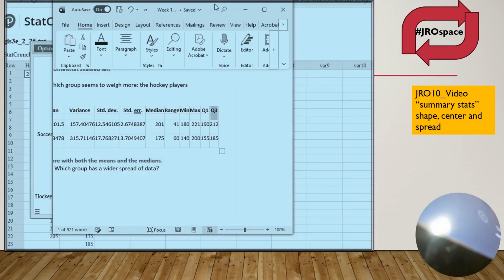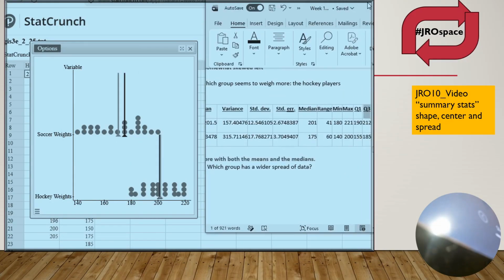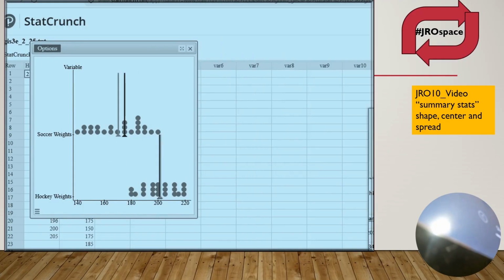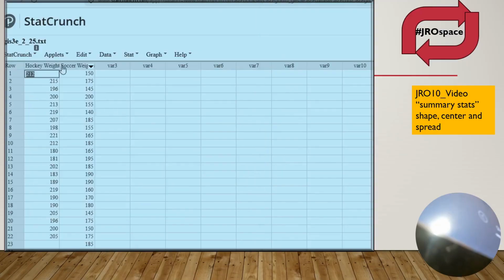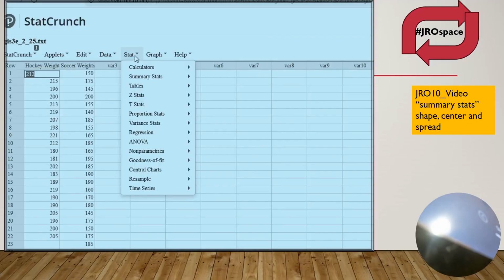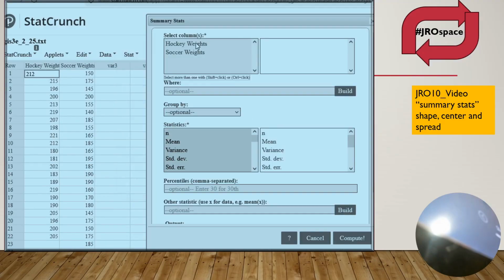And so let's go with this and see if we can start to see shapes. Now let's do another objective here. And I think, yeah, so go into stats, summary stats. Let's do the columns. Let's run both of these, see what happens.